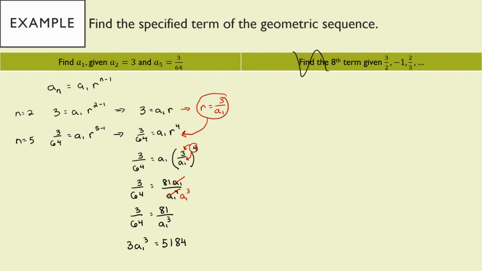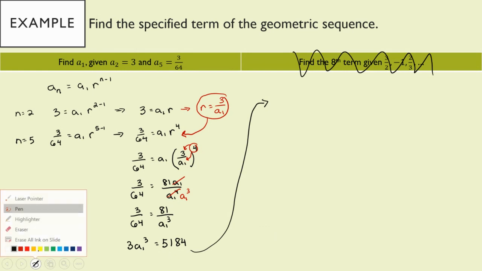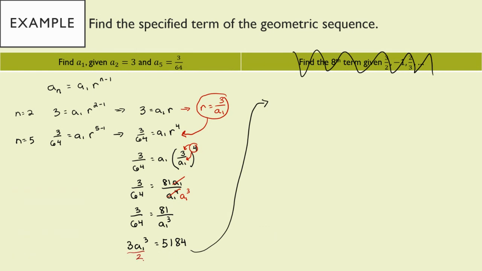I'm going to run out of room here, so I'm going to skip the other example. We'll just do this one. So I've got 3 times A1 cubed equals 5184. I can divide both sides by 3 so that I get just my A1 cubed, which comes out to 1728.